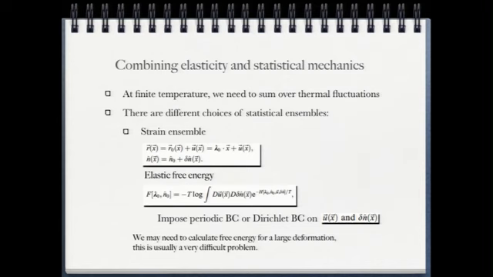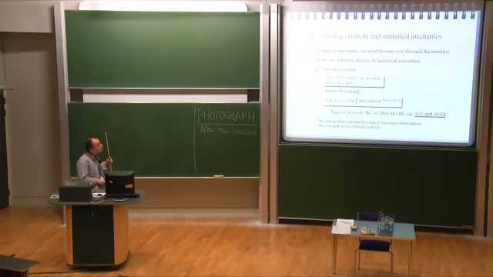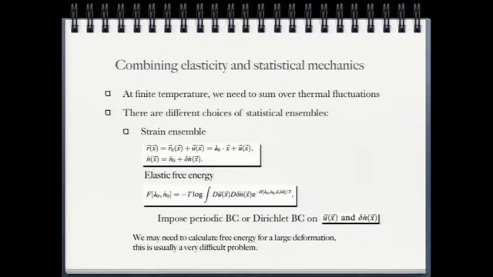Now we want to study the effect of fluctuations, so we want to do statistical mechanics. There are different ways of doing it, and we can choose different statistical ensembles. We can do the strain ensemble, where we impose a macroscopic deformation, lambda naught. This is the background deformation you can control externally. You let the system also have local fluctuations, a U field, and you have to do this partition function.